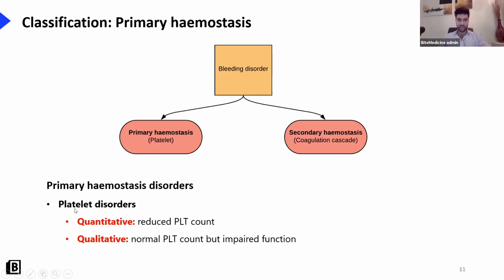We can further classify platelet disorders into quantitative or qualitative disorders. So quantitative disorders are ones which reduce your platelet count, and qualitative disorders are ones where the platelet count is normal, but for some reason they aren't functioning properly. So quantitative thrombocytopaenia, qualitative, the actual platelets are not functioning properly.